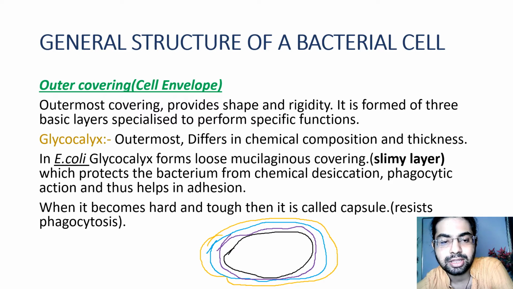When this glycocalyx becomes hard and tough, it becomes a capsule and thereby resists phagocytosis. So 3 layers: outside is the glycocalyx, then the cell wall, and finally the innermost layer is the cell plasma membrane, which I will discuss in later slides.